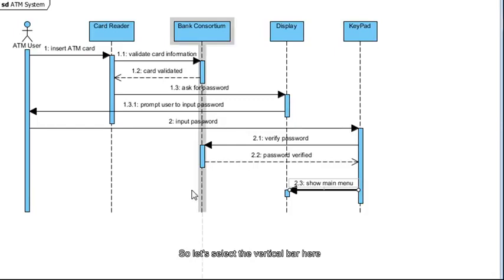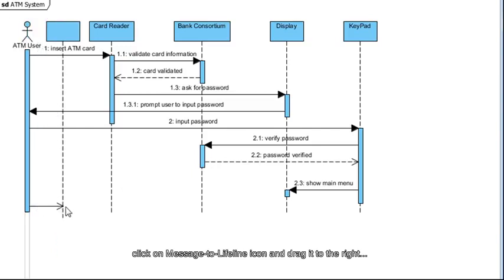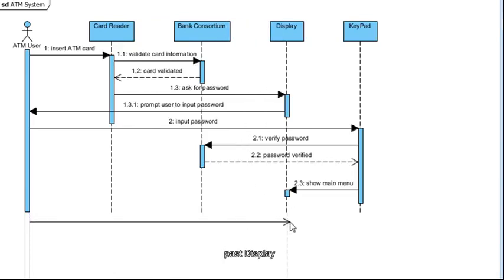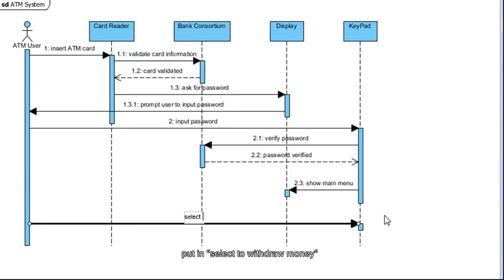So let's select the vertical bar here and click on message to lifeline icon and drag it to the right. Pass card reader, pass Bank Consortium, pass display, and stop at keypad here. And for the message, put in select to withdraw money. Press enter.